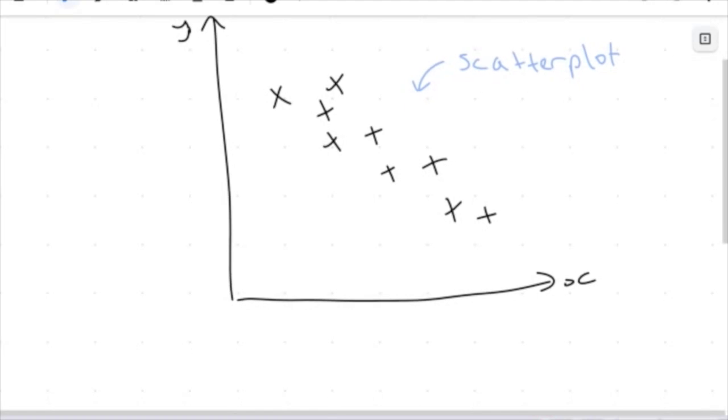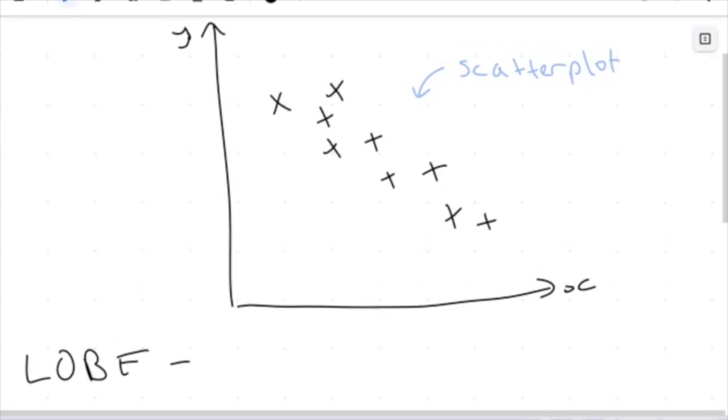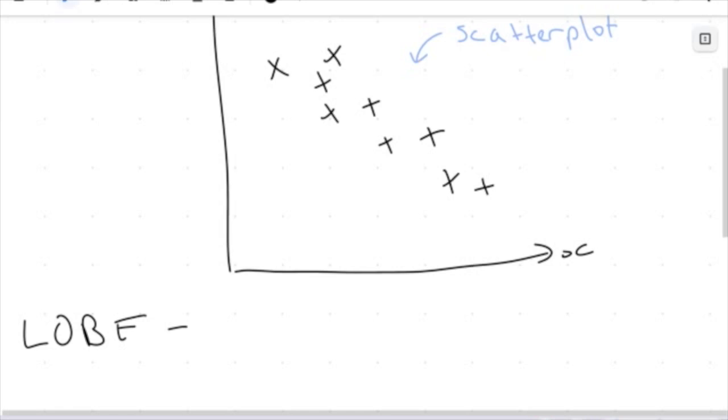So a line of best fit, I'll go LOBF for that. We can also call this a trend line. When we do this by eye, so looking at this and then roughly drawing a line, this line is positioned by eye.